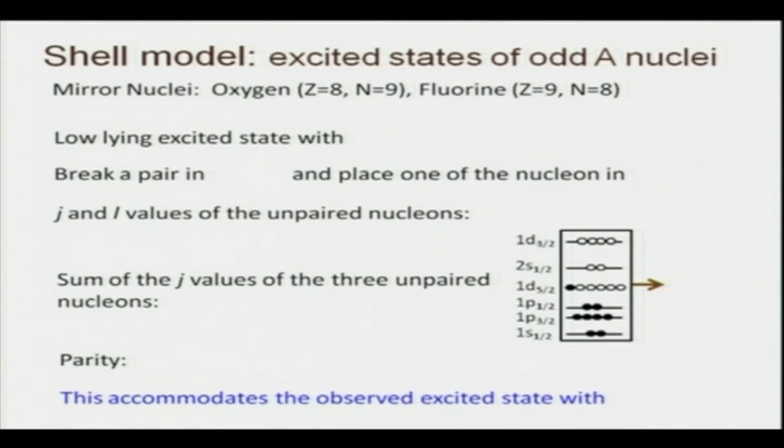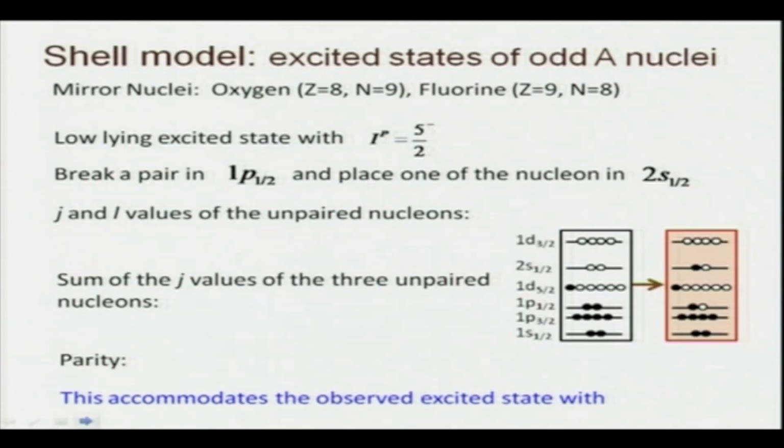So, the low lying excited state with breaking a parity pair. There is a low lying 5/2 minus which is observed. How do we explain that? As I said, it is possible that you break 1p1/2 and then take that neutron to 2s1/2.